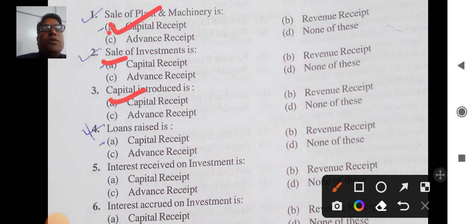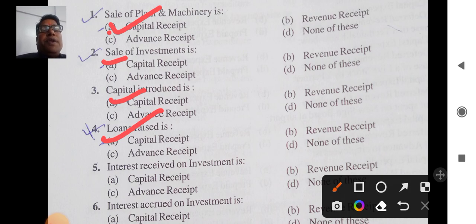Capital is also a loan to the business, because it is introduced by the owner, therefore it is called capital. If any other person introduces money in my business, that would be considered as a loan, so that would be capital receipts, not revenue receipts and advance receipts. Understood?